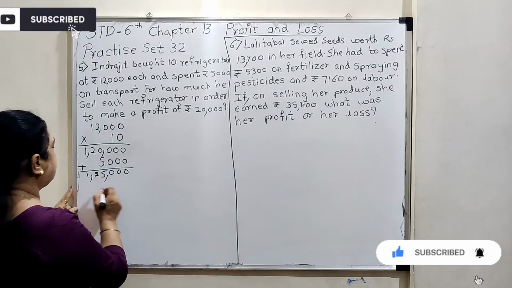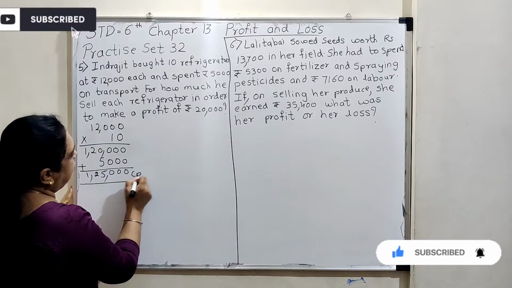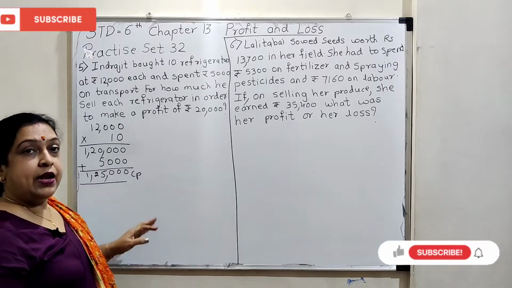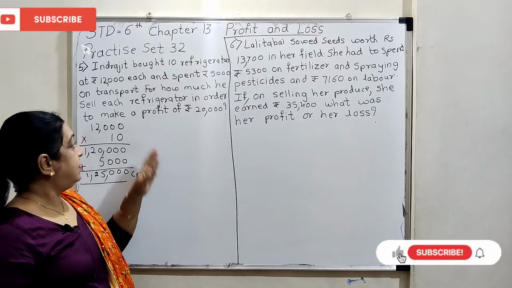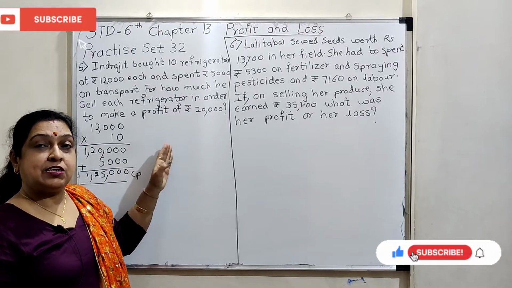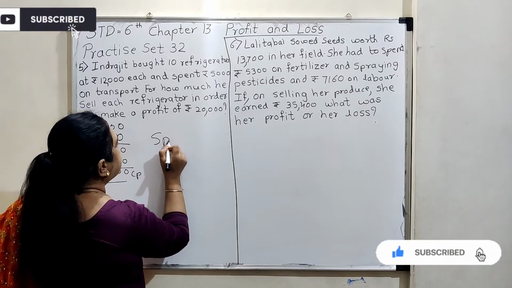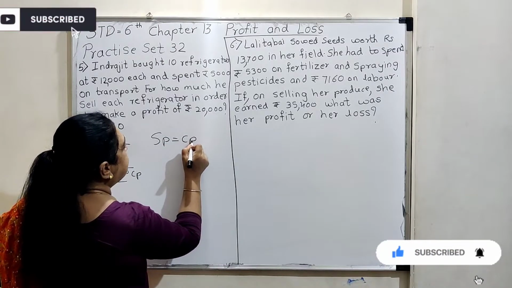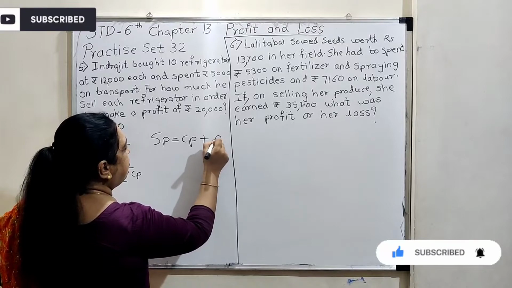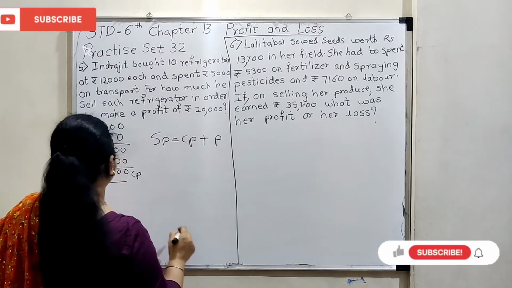Now for how much he sell each refrigerator in order to make a profit of rupees 20,000. See, this is the cost price. Now selling price, how much? Selling price is equal to cost price plus profit. So what is the cost price?